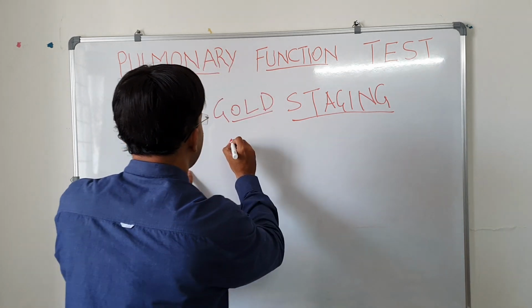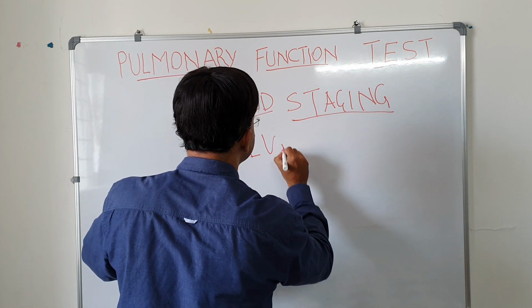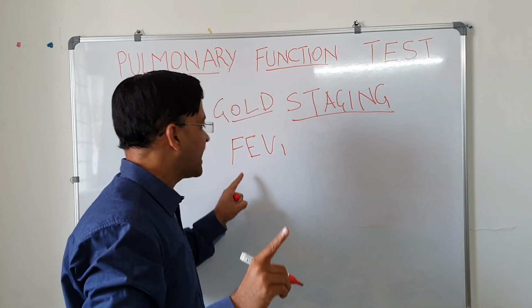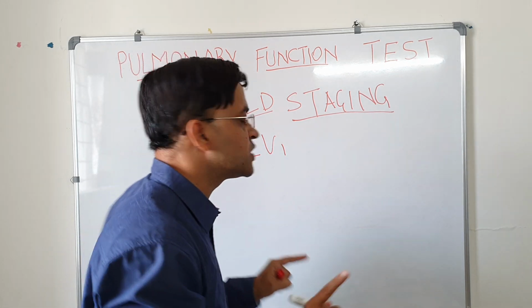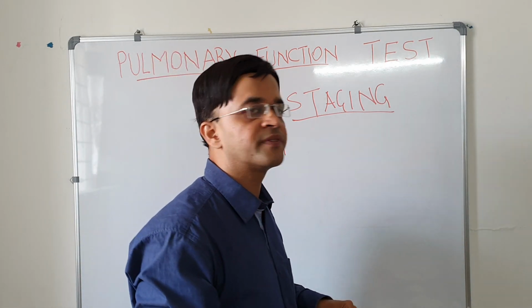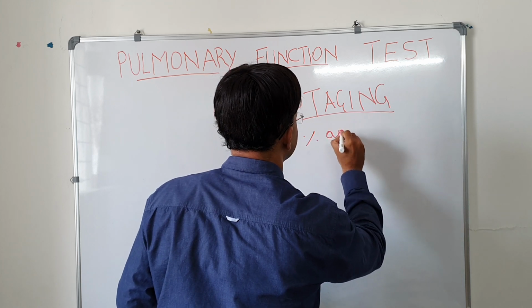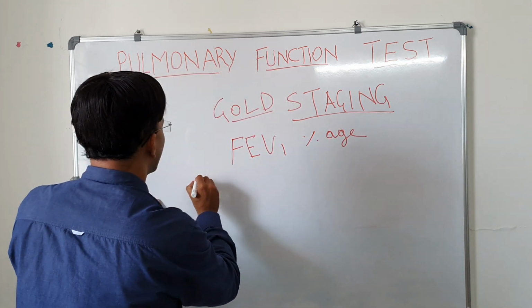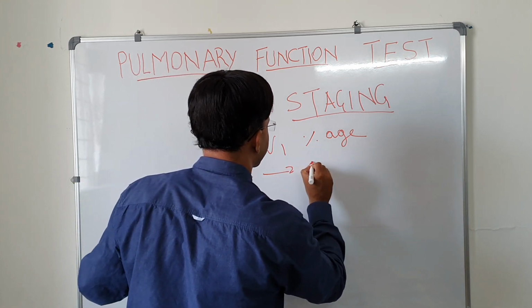We take FEV1 percentage. The computer has predicted one value and we see what value we are getting, and then we calculate the percentage. FEV1 percentage, if it is more than 80%, is called stage 1.